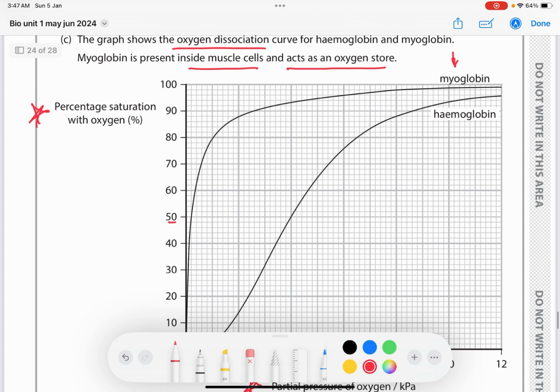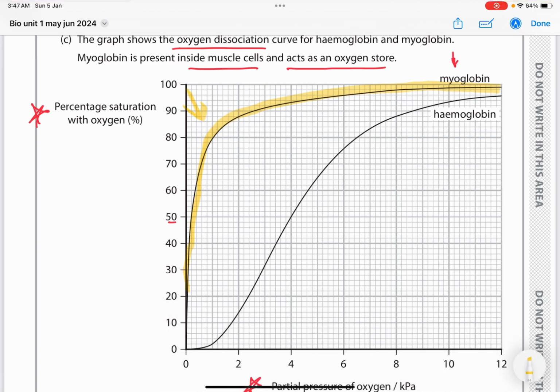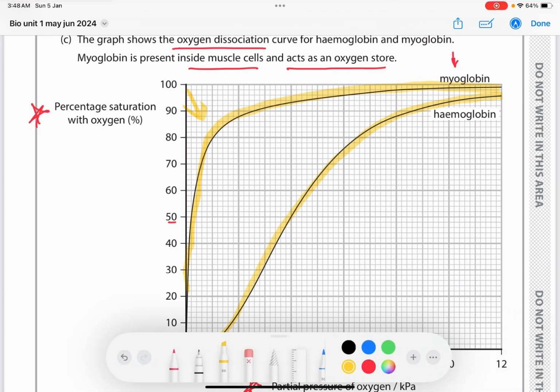Over here, we can see that it's pretty much a straight line, and then it starts slowly decreasing right over here. So the decrease isn't that great. It's not as great as the decrease in hemoglobin, because hemoglobin is right over here, and then it rapidly goes all the way down there. It's steep, right? But myoglobin is much calmer, much slower.